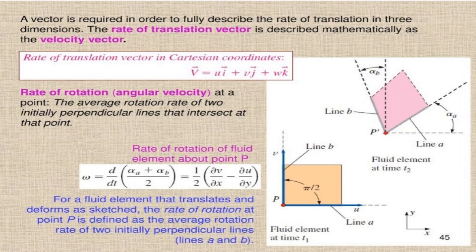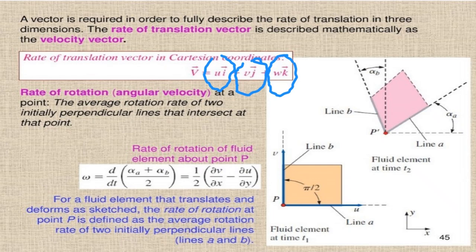First, let's remember the rate of translation vector, or just the velocity vector. The velocity vector is given by the three components of the velocity. The x component of the velocity is u, the y component of the velocity is v, and the z component of the velocity is w.